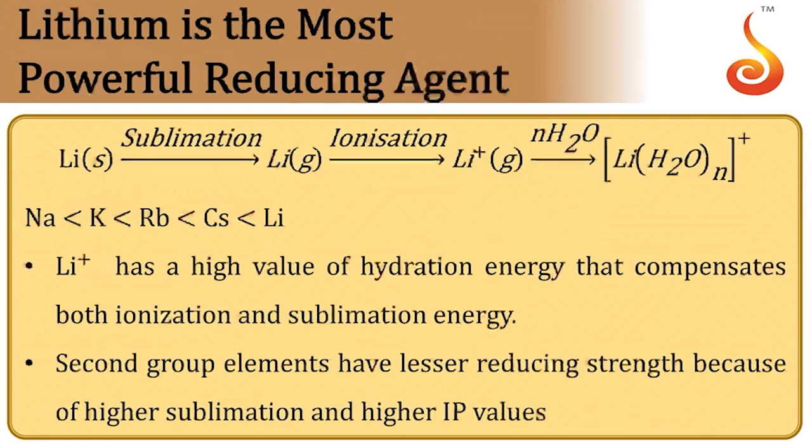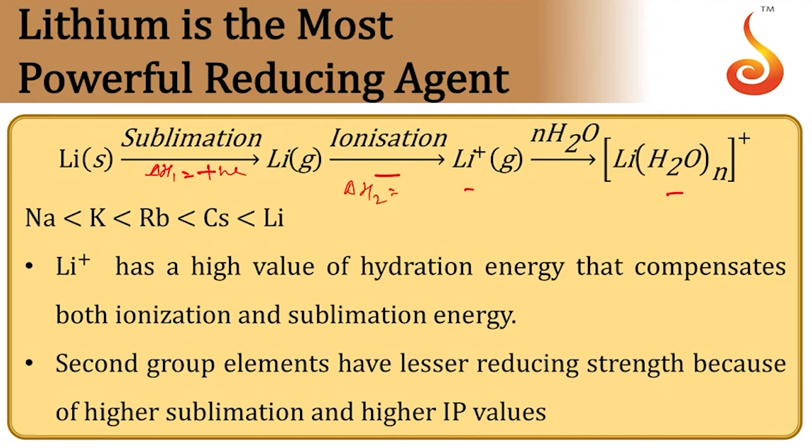Let us see now the order. To know the order, we need to construct a Born-Haber cycle which has three steps. Lithium solid, first of all sublimation, changing into gas, then comes ionization to the ion, then hydration. The sublimation step is going to be an endothermic step, say delta H1. This value is going to be positive.